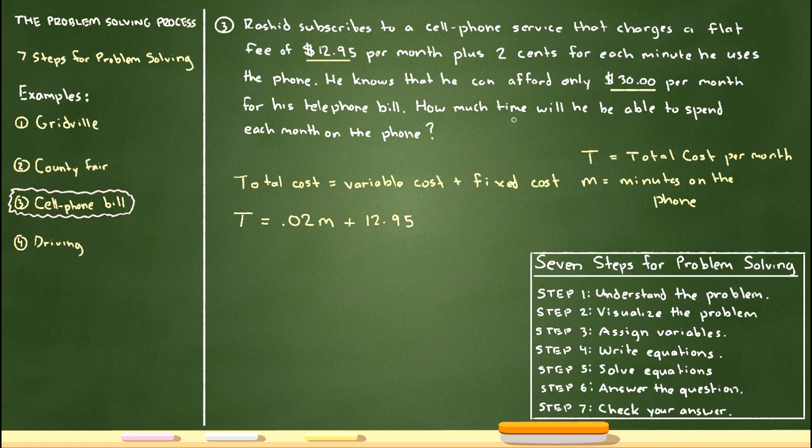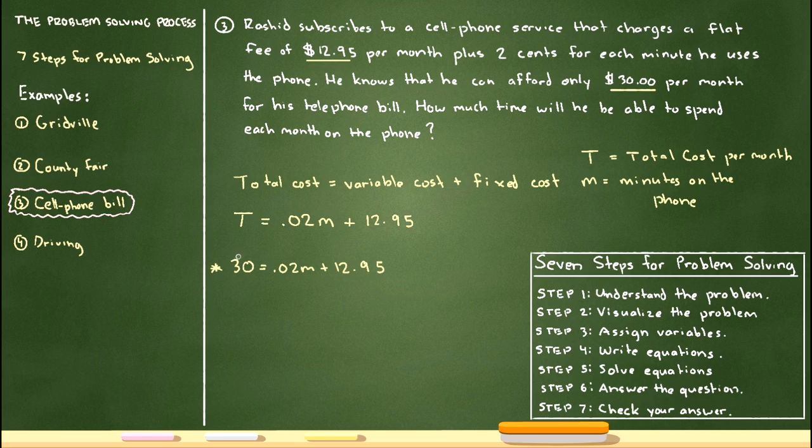Okay, so now, what else do we know? He knows that he can afford only $30 per month. So we know this big T here. We know he could only afford $30. So $30 should equal 0.02M plus 12.95. Okay. So that's step 4. That's writing the equations. And this one here is the key equation we need to work with.